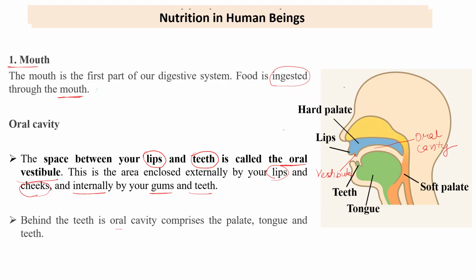Behind the teeth is the oral cavity, which comprises the palate. You can see here, this is the hard palate, this is the soft palate, this is the tongue, and this is the oral cavity.